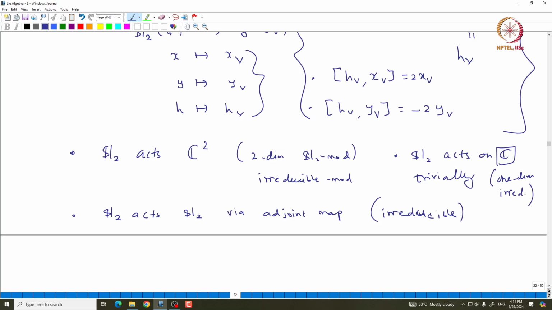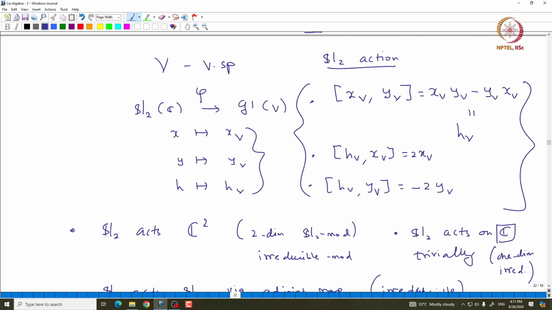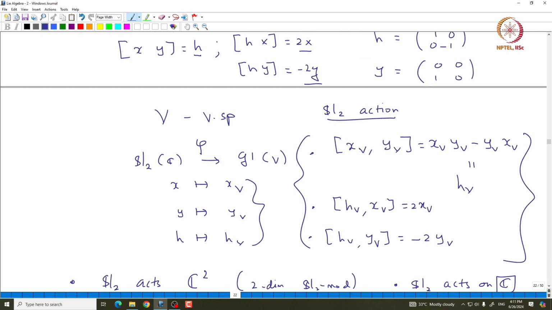So we have naturally these representations, and in the next class I will tell you how to construct all irreducible representations in a more uniform way. We will first see some concrete examples. For example, SL2 naturally acts on the homogeneous polynomials of degree m.